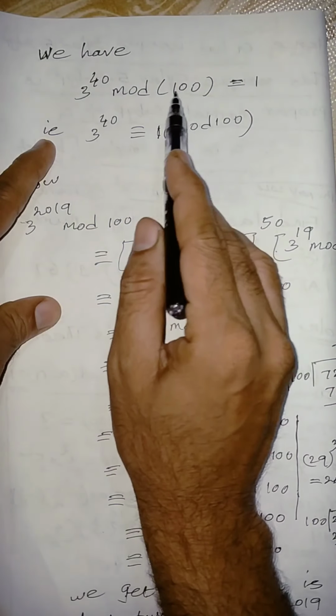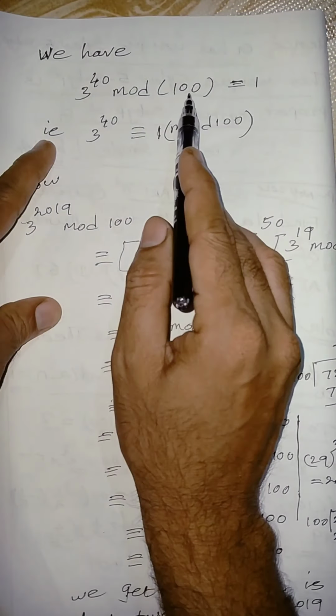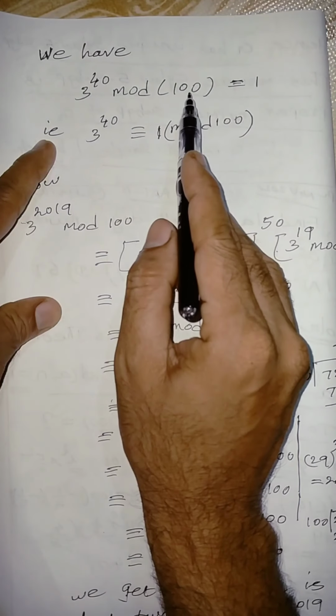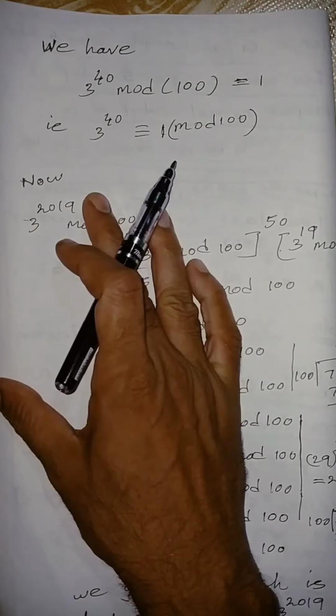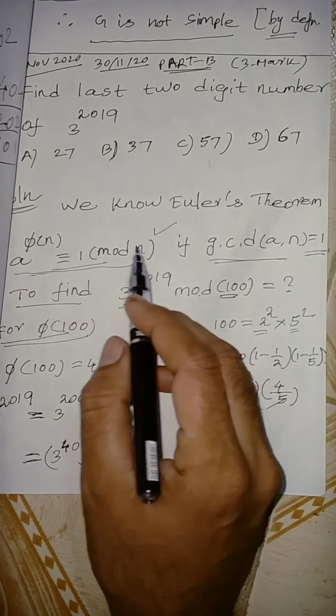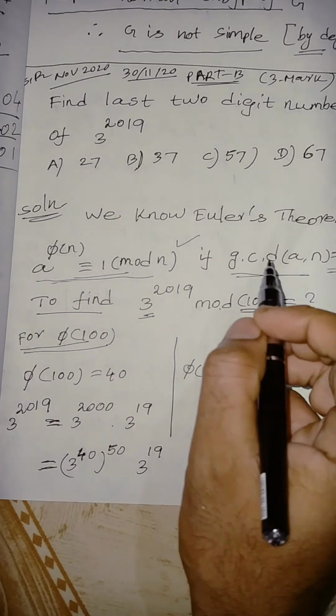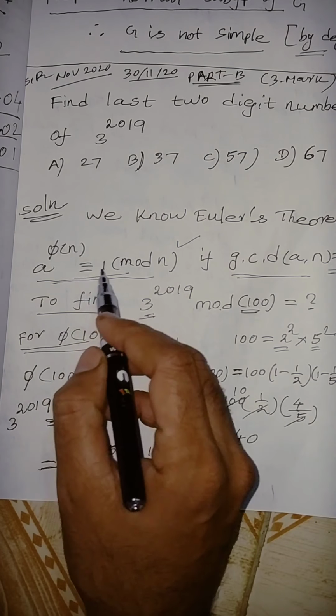What is n here? 100. And a is 3. What is the GCD of 3 and 100? It is 1. Then only can we apply Euler's theorem. GCD(a, n) is 1, then only you can apply. For what purpose are we applying? Because a power phi(n) is congruent to 1.